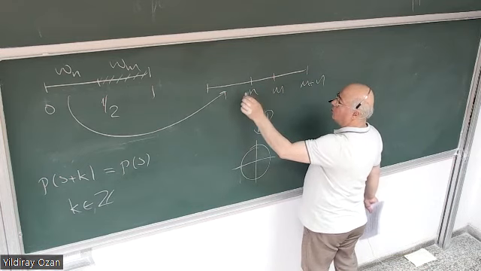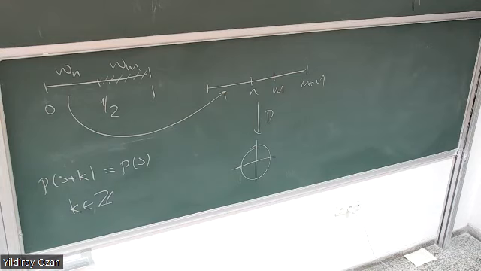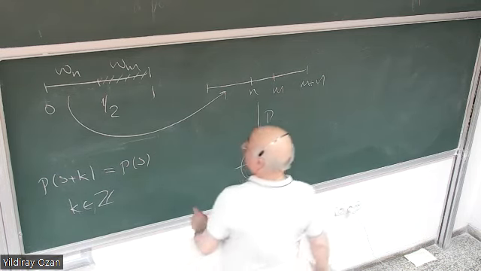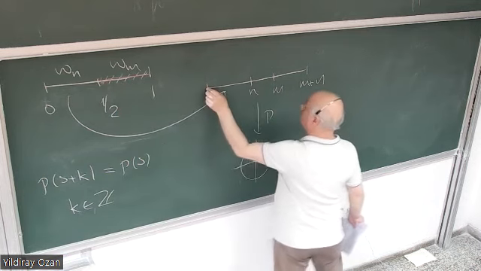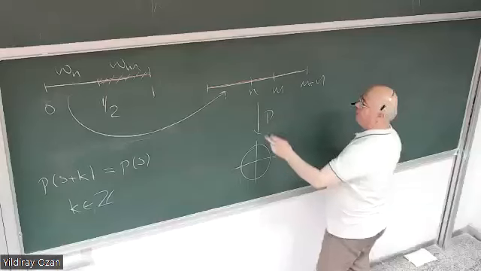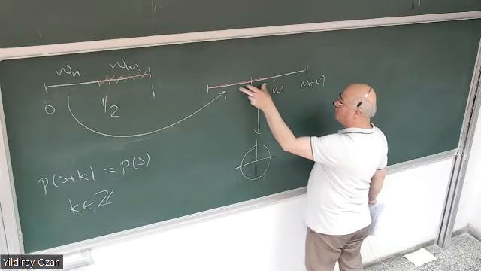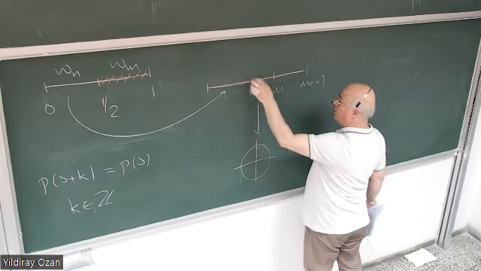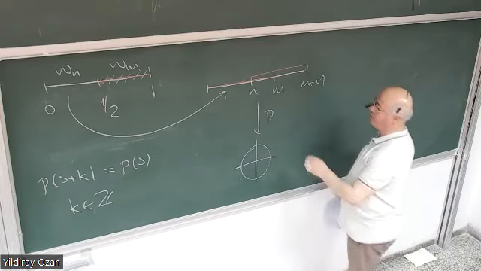So, yani belki şöyle çizeyim onu. So this thing here is mapped to here, but when I take composition with p, actually I can just shift this function by n and extend it here.